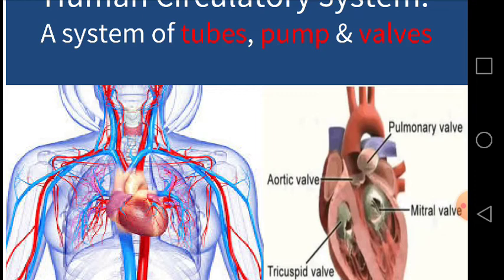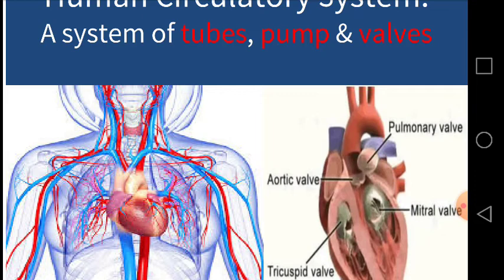The largest artery in the body is the aorta, which carries oxygenated blood from the left side of the heart, and it divides to produce smaller arteries supplying the blood and nutrients to all parts of the body organs.